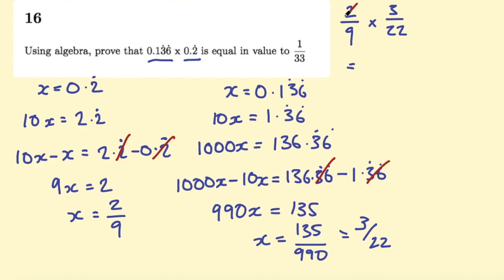So this will become 1, this can become 11, this can become 1, this can become 3. And you can see that 1 times 1 is 1, and 3 times 11 is 33. So we've used algebra to prove that those two recurring decimals multiplied together equals 1 over 33.